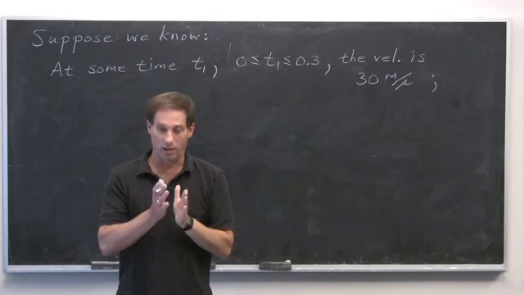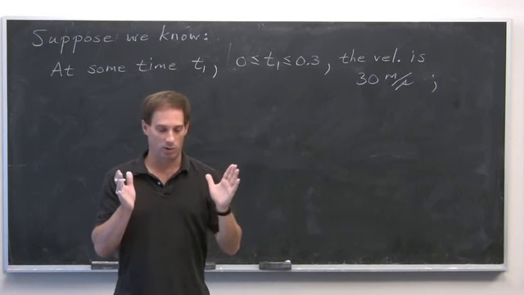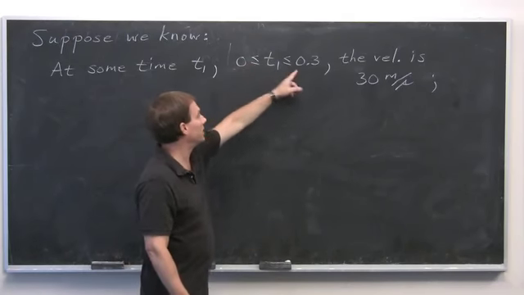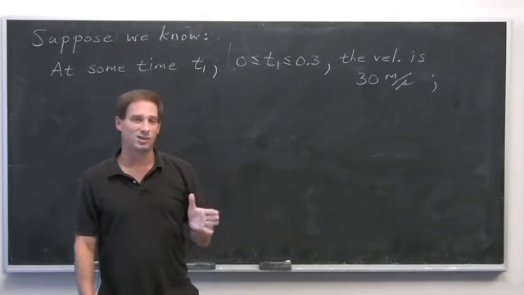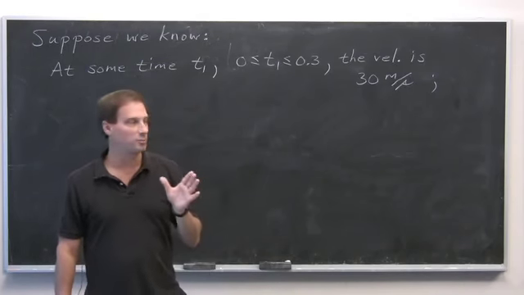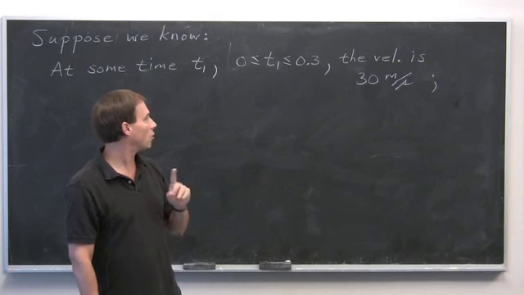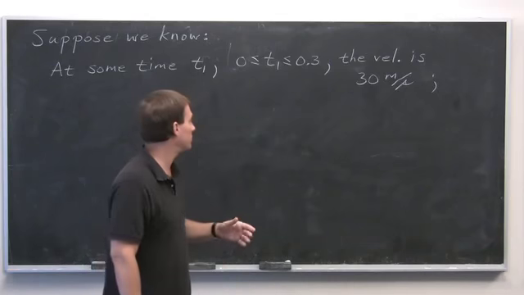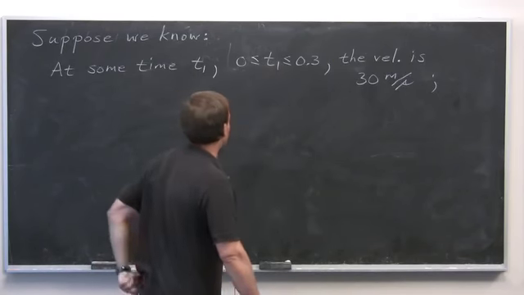Just so that we can be clear, when I say between, I mean I allow that it equals the endpoints. If I want to disallow equality with the endpoints, I'll say strictly between, and that means you'd have strict inequalities here and here.